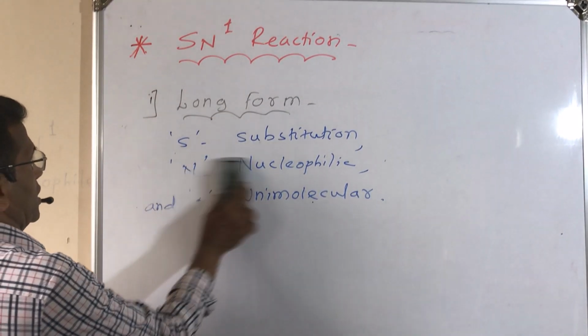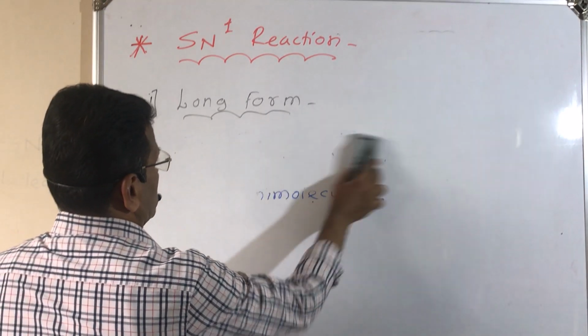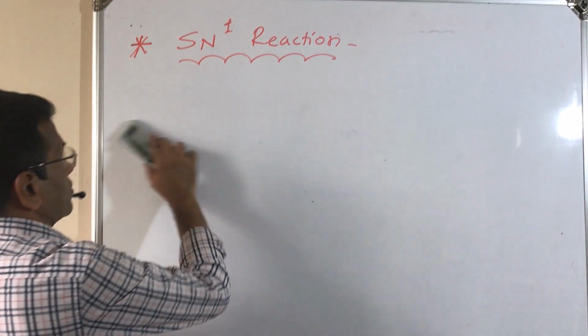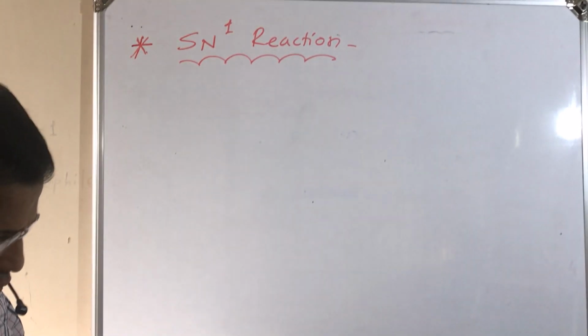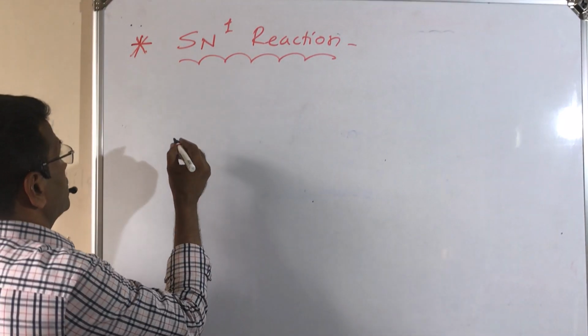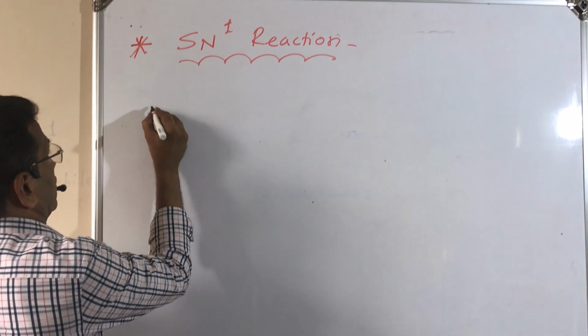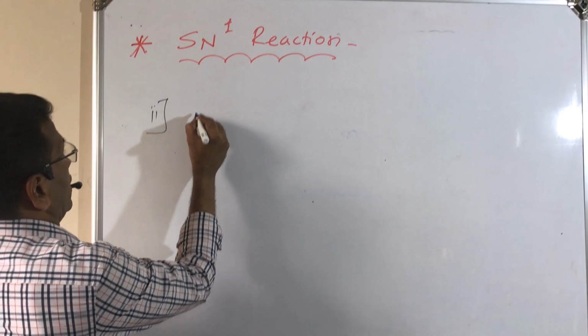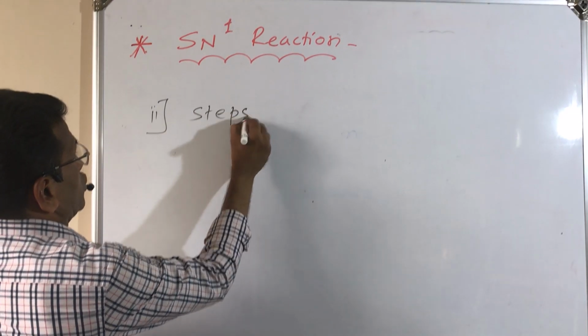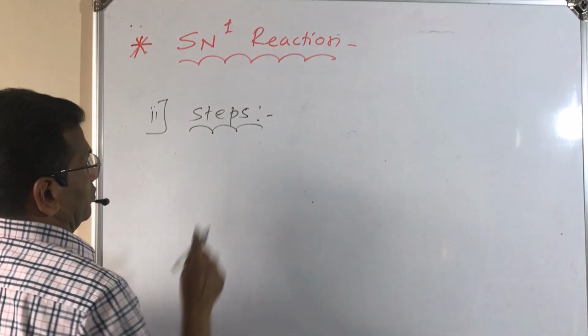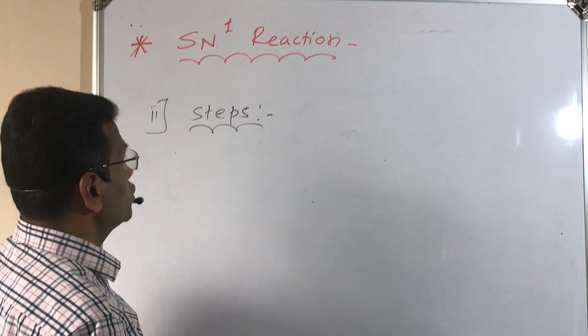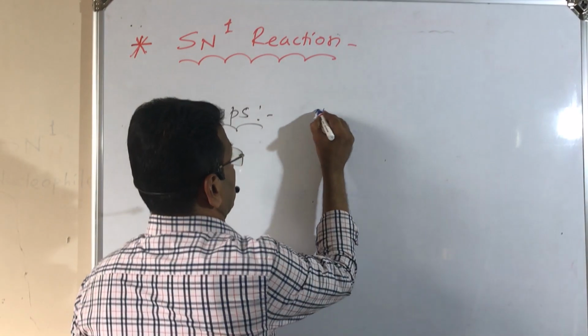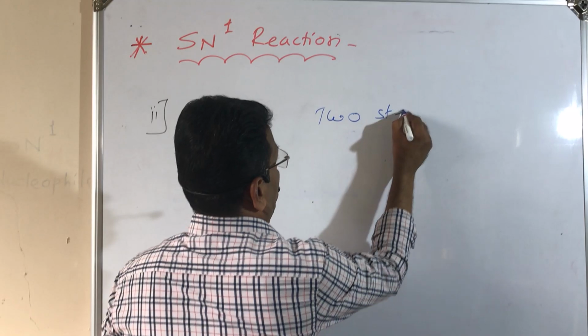The second point that we have seen in SN2, the same is here: steps. You know SN2 takes place in one step, but SN1 takes place in 2 steps. So this reaction is a two-step reaction.